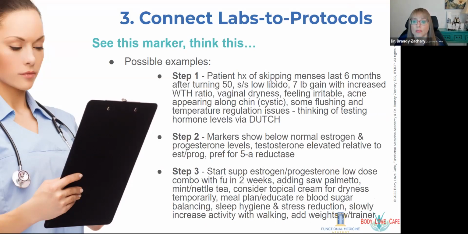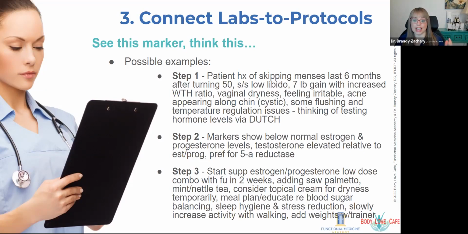Step 1, patient history of skipping menses the last 6 months after turning 50. Signs and symptoms include low libido, 7-pound weight gain, increased waist-to-hip ratio, some vaginal dryness. They're feeling irritable. Acne starting to appear along the chin that is cystic, some flushing and temperature regulation issues, not quite hot flashes. Thinking of testing hormone levels via the DUTCH.